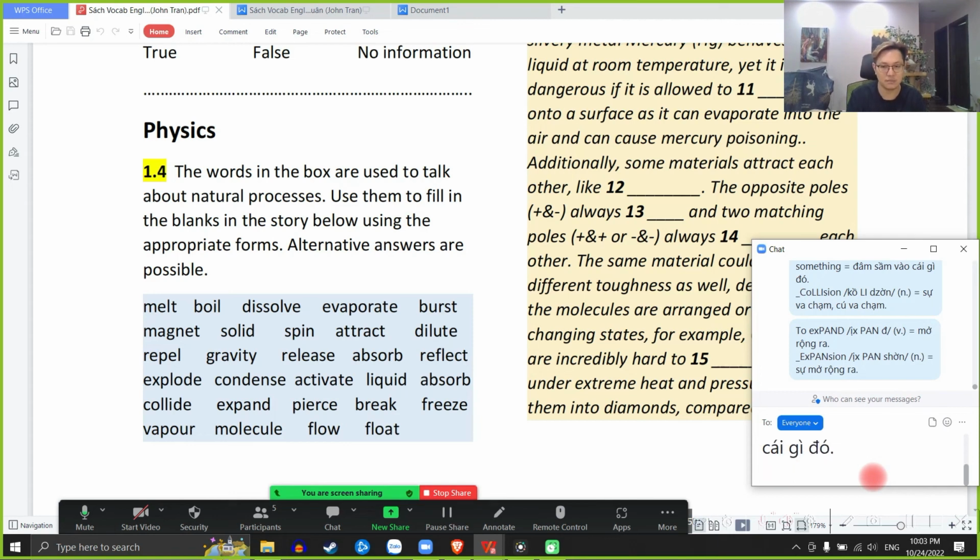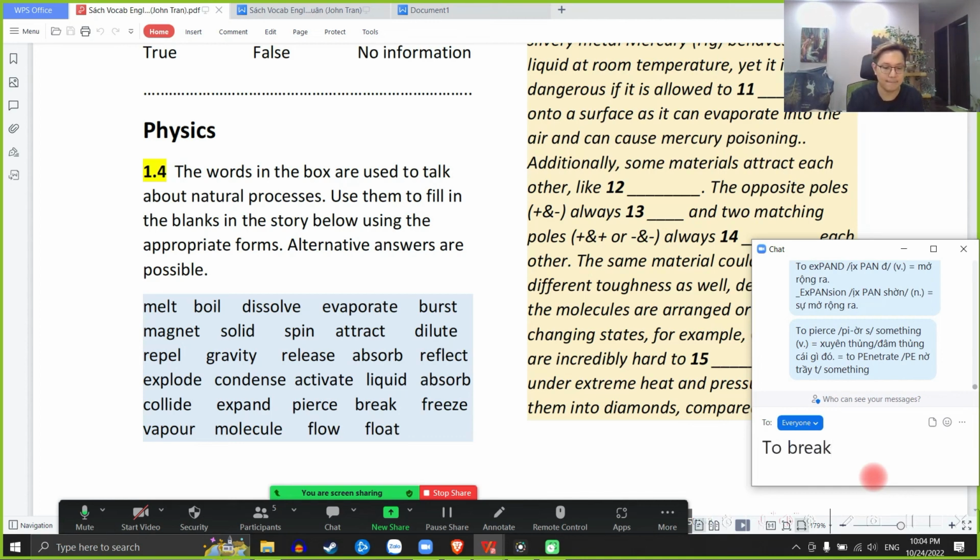To pierce something. Xuyên thủng, đâm thủng cái gì đó, nó sẽ bằng một cái từ đó là to penetrate. To penetrate something.